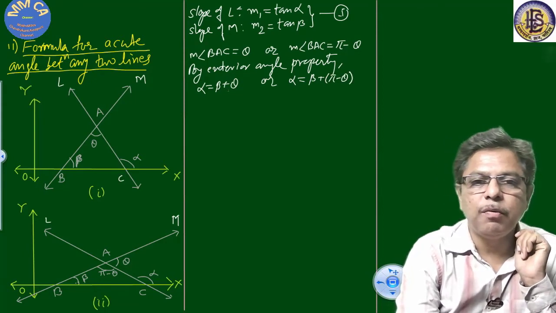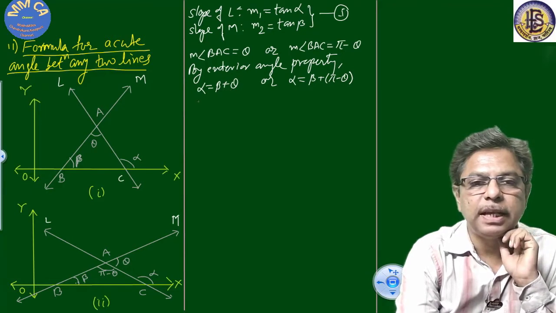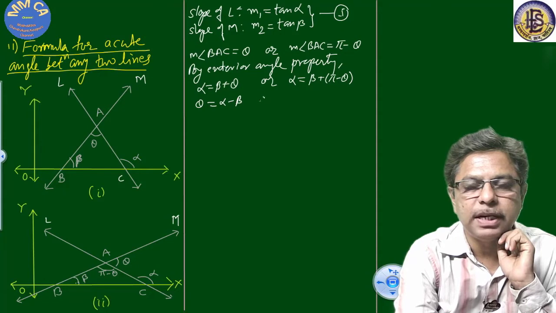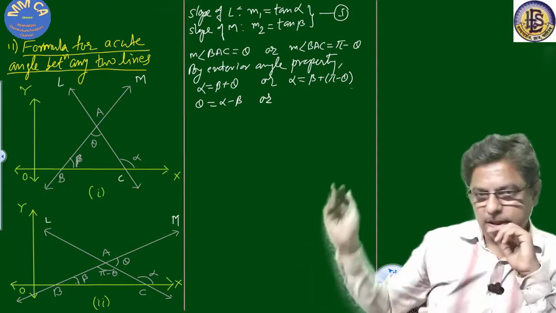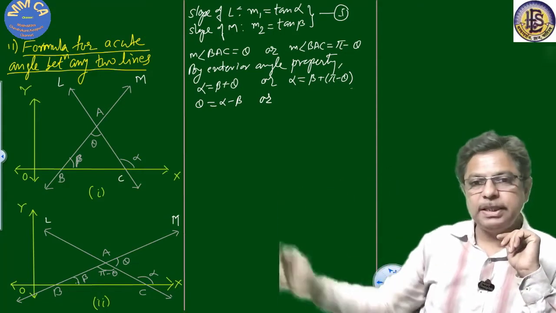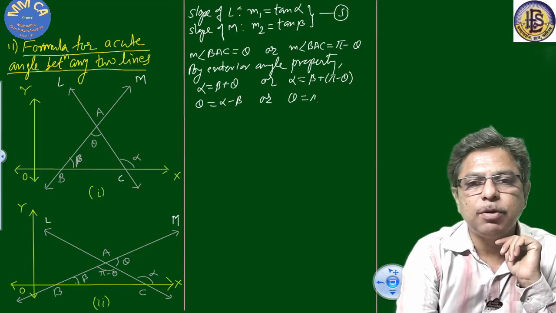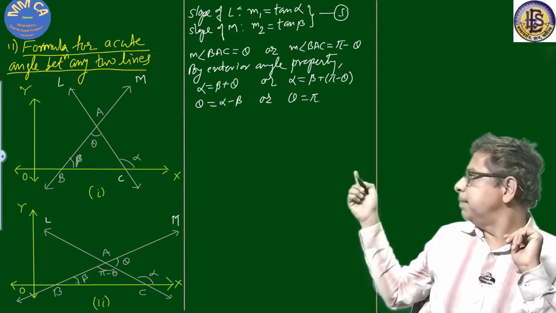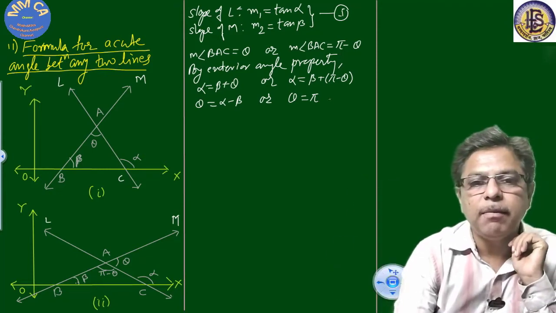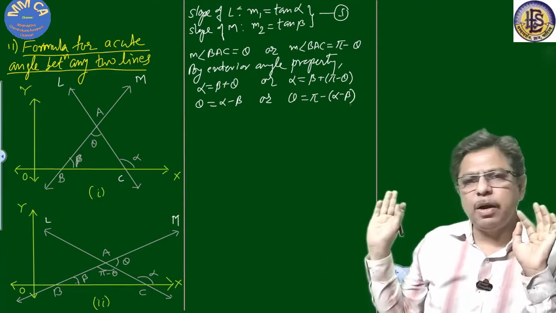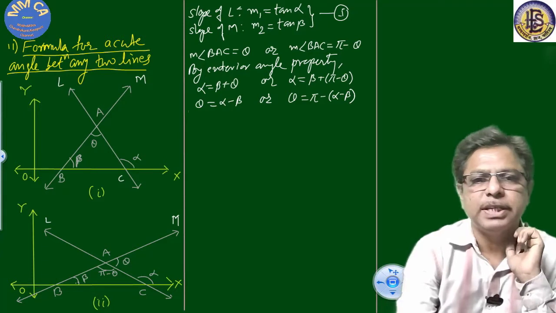And so we will find the value of theta. Theta is equal to alpha minus beta in the first case, or bringing minus theta to the other side, theta is equal to pi minus, taking the minus sign common, alpha minus beta. Just we have obtained the value of theta in both the cases.